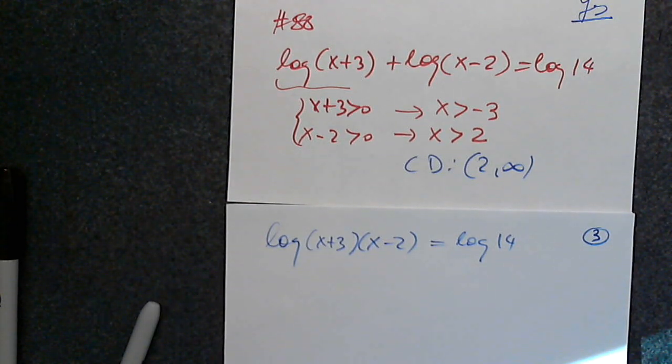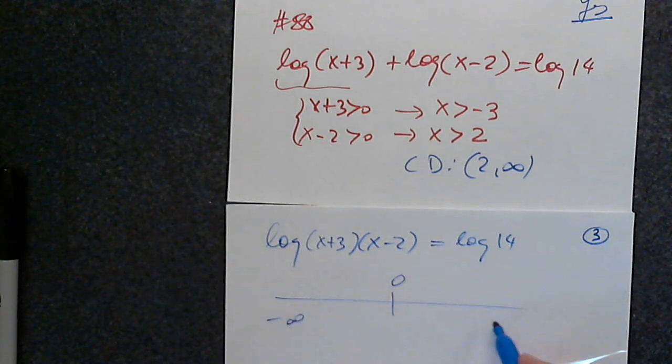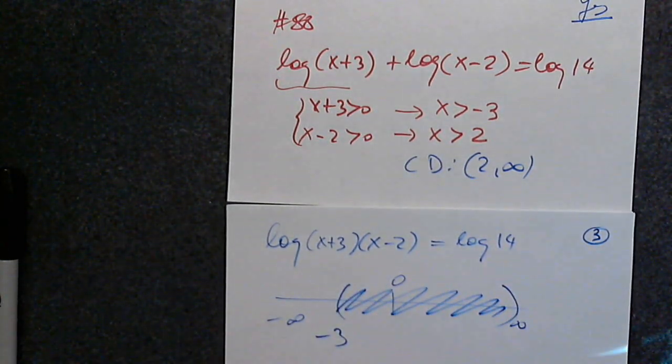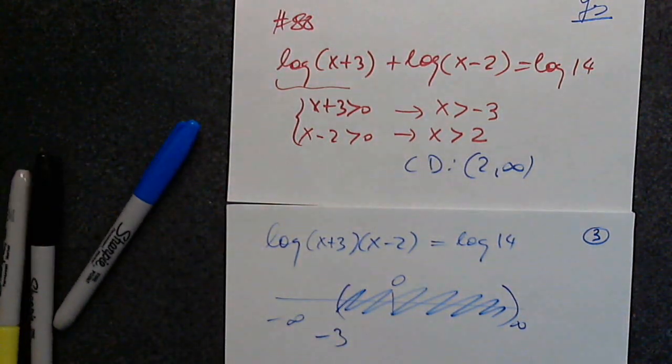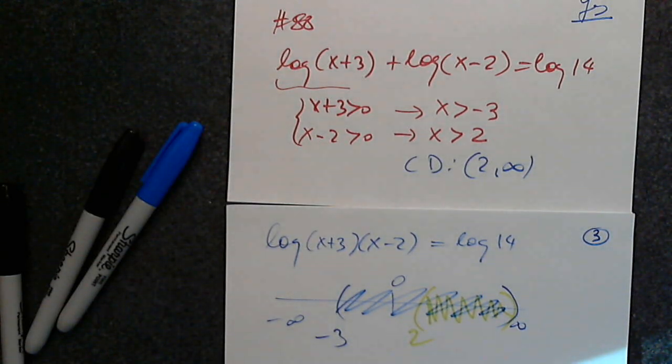Yes, Brian? It's the common domain, not negative 3 to 0. Okay, very good. So let's take a look. This is negative infinity to infinity. This is negative 3 to infinity. And this is 2 to infinity. I need the common territory. I need exactly where I have both colors, yellow and blue.